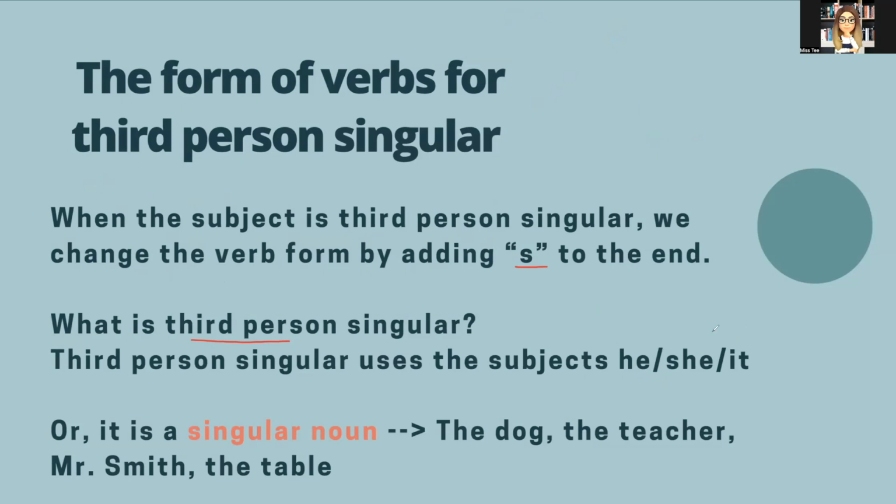So it could be he, she, it, or a singular noun. So you can say the dog, that's one dog. The teacher, one teacher. Mr. Smith, it's one person. The table, it's one table. So in all of these cases, this is how we can use this rule here.